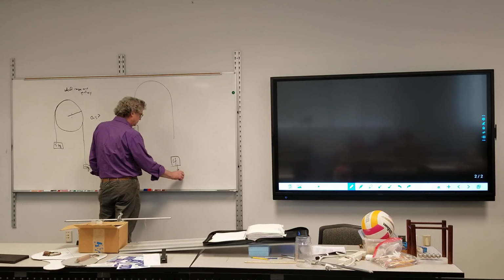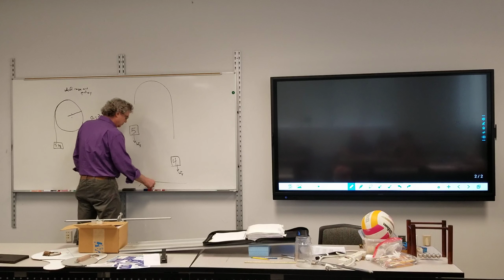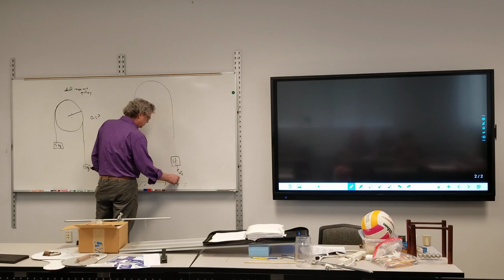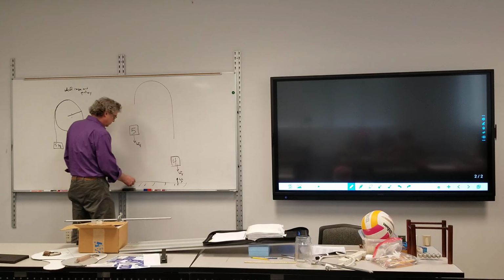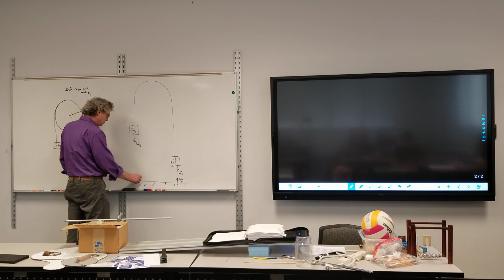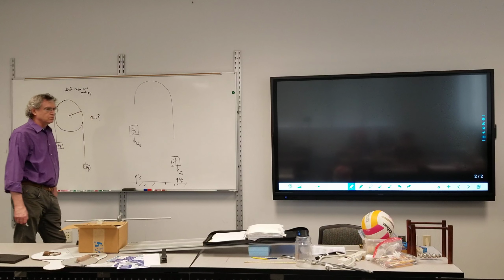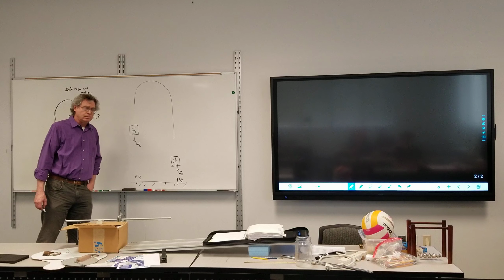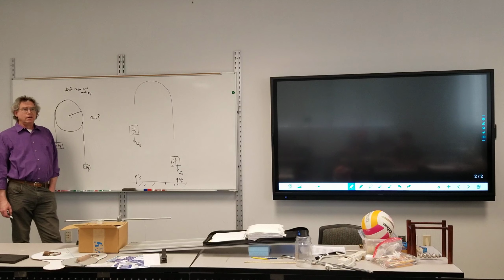Then up on the ground. Ideal rope, so it has no weight.